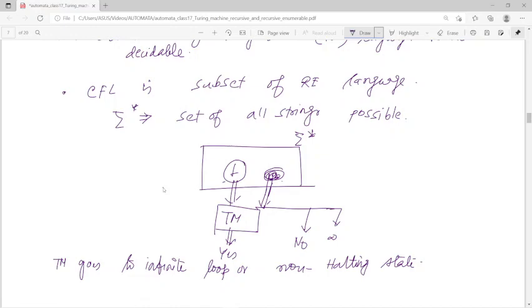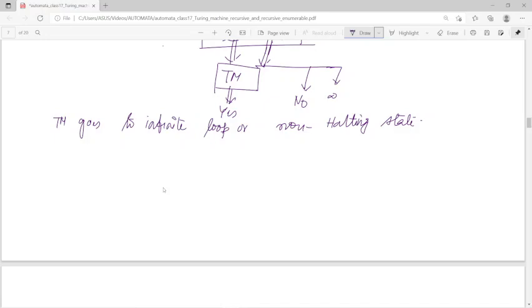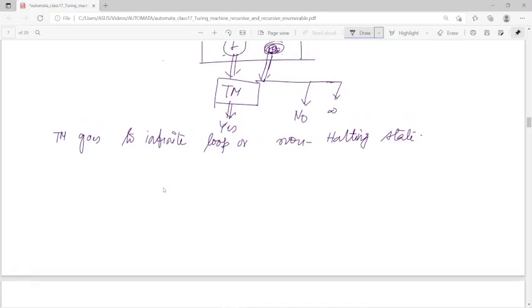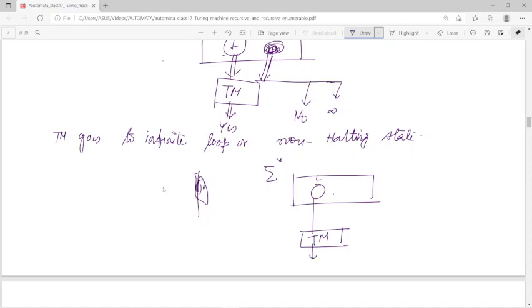So I want to construct a Turing machine such that, if this is the sigma star set, this is the language L, and this is outside L, then strings inside L give yes, and strings outside give no. That particular Turing machine is called a halting Turing machine.